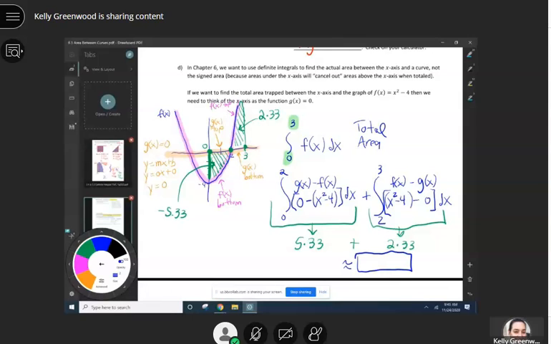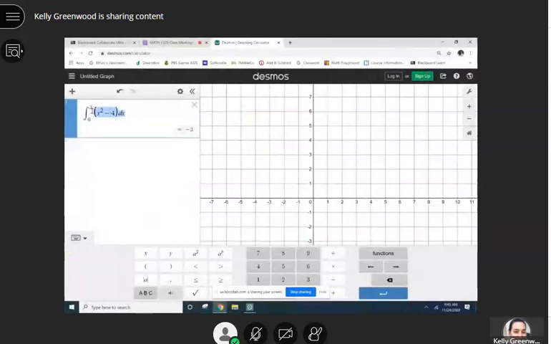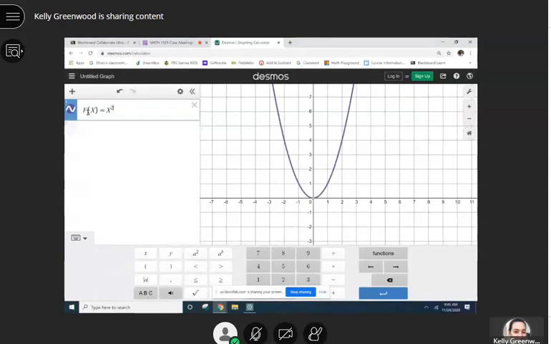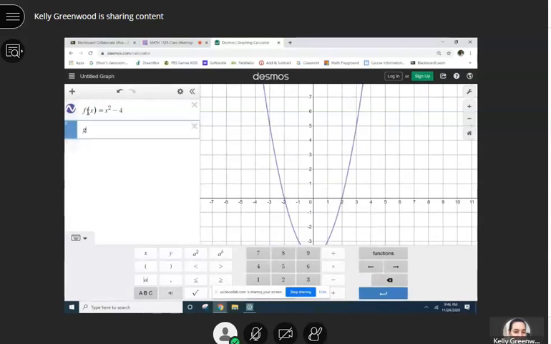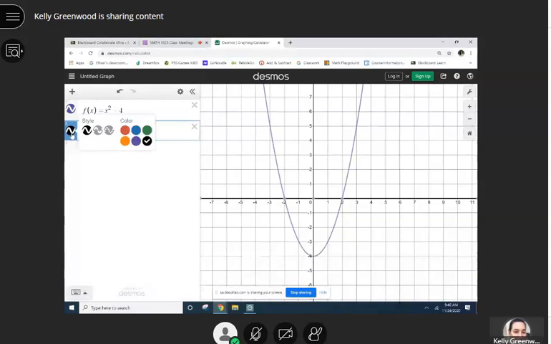Okay. So what I'm going to do here is define f of x to be x squared minus 4. I have my caps lock on. And g of x is going to be 0. So my x-axis, let me do it a different color to agree. Okay.